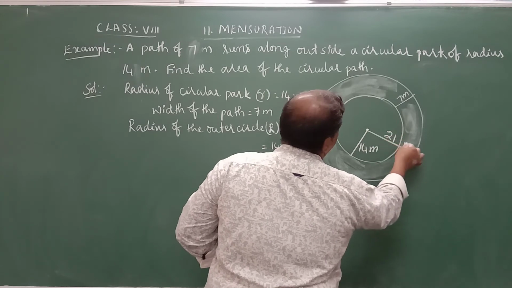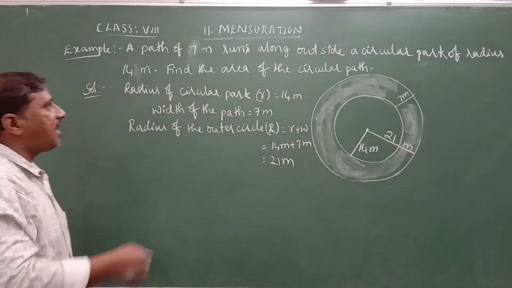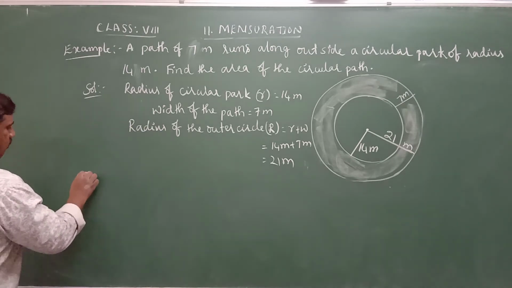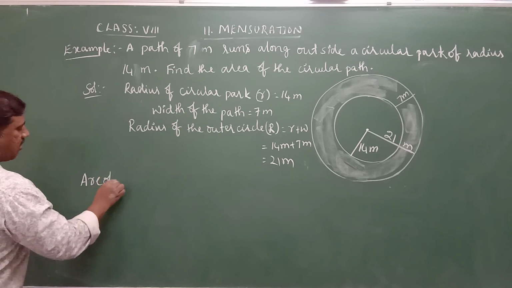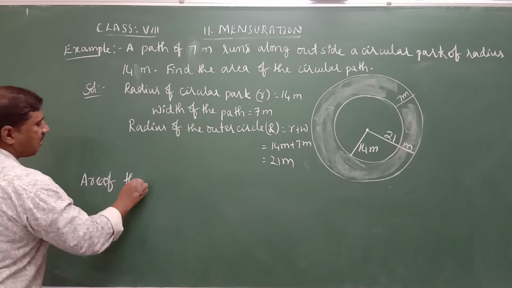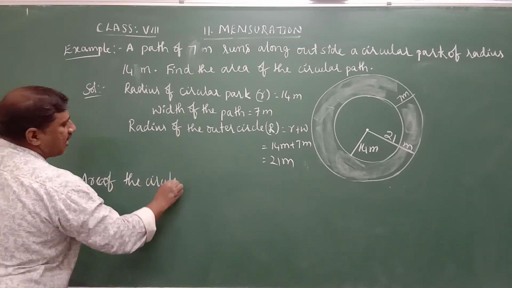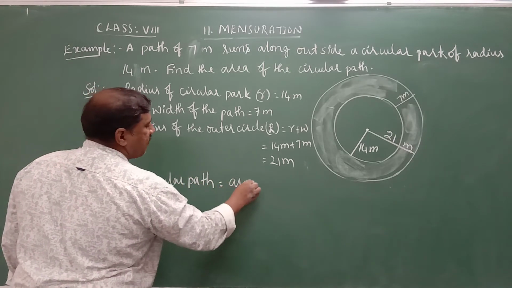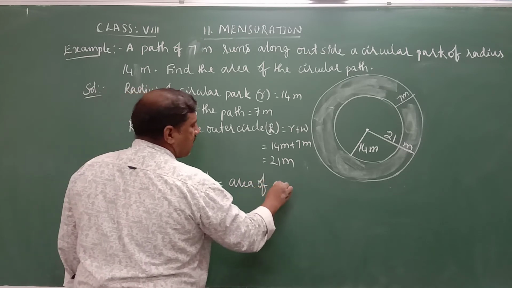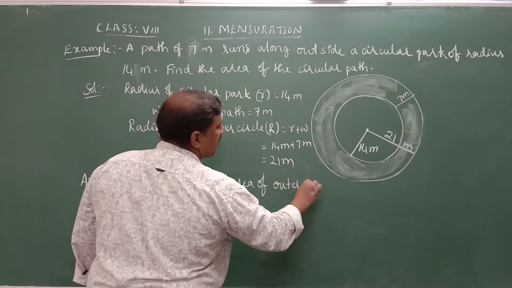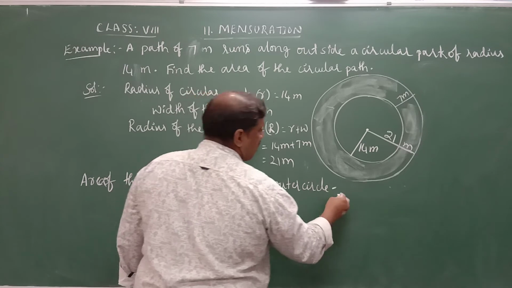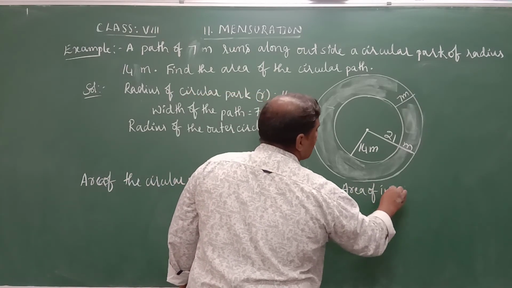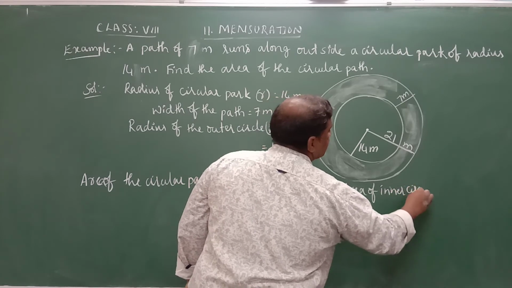This is 21 meters. Now what do we have to find? Area of the circular path. So area of the circular path is equal to area of the outer circle minus area of the inner circle.